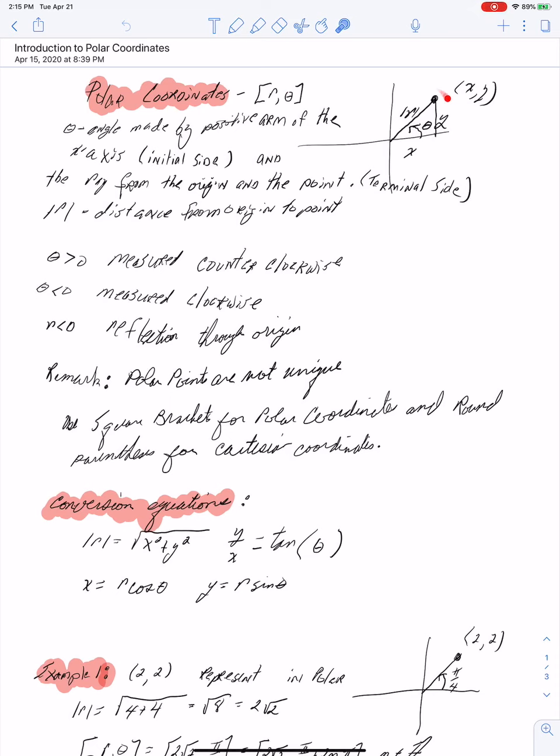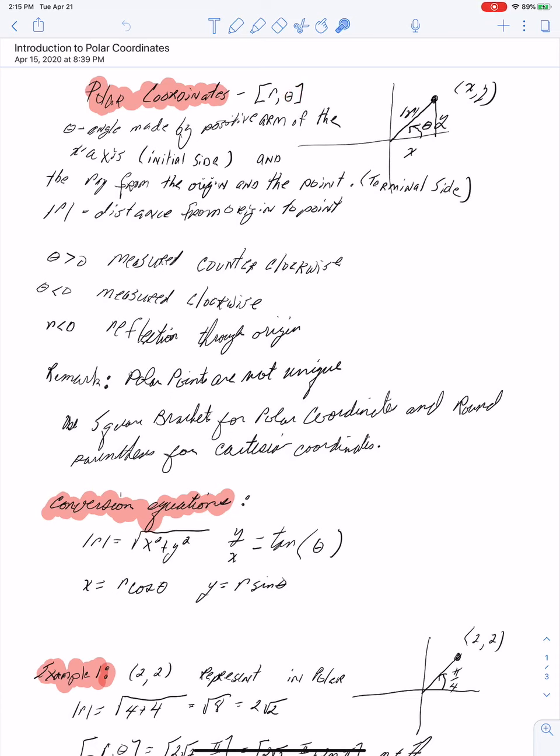Well, so I have a point in the Cartesian plane represented by an ordered pair xy. All right, if I draw a ray from the pole out to that point, that defines a side. If I drop a perpendicular down to the positive arm of the x-axis, I get this little triangle where, at least if I'm in the first quadrant, this length is x, this length is y.